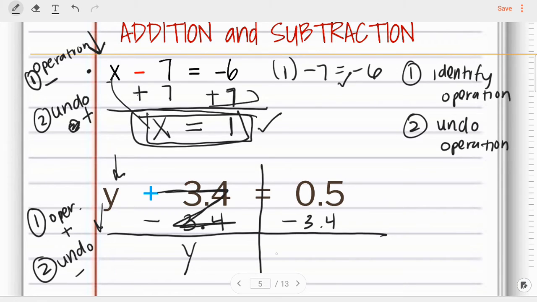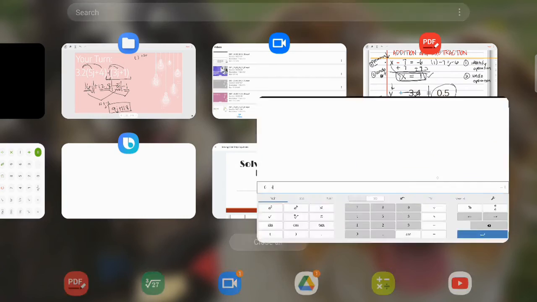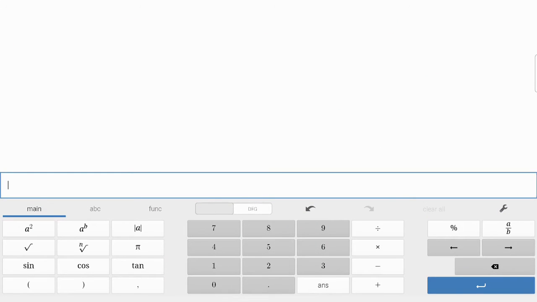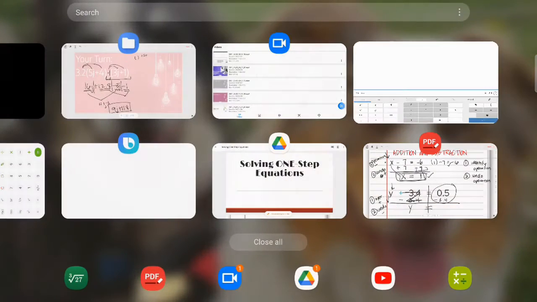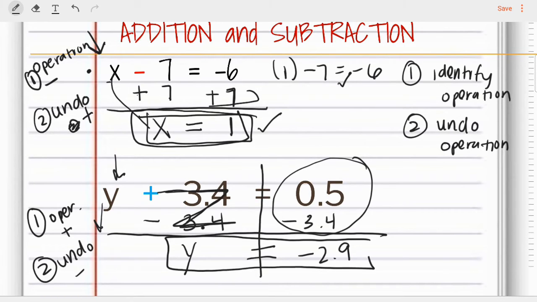And if something equals 0, it's imaginary. It's gone. I don't have to write it. I'm going to bring down my equal sign, and now I'm going to type in my calculator 0.5 subtract 3.4, and I get negative 2.9. So my answer is negative 2.9.